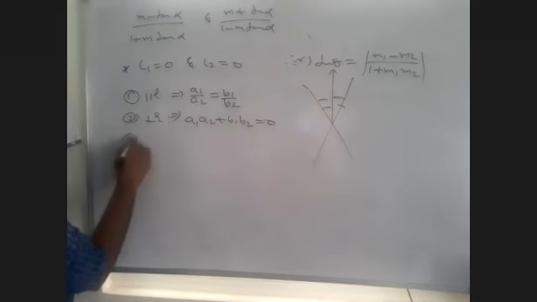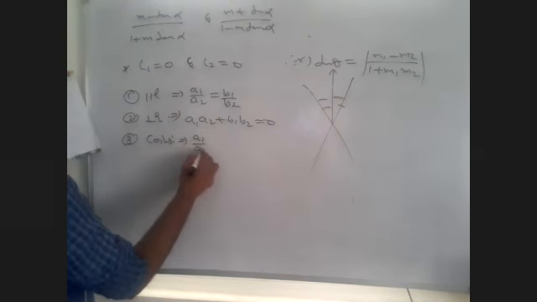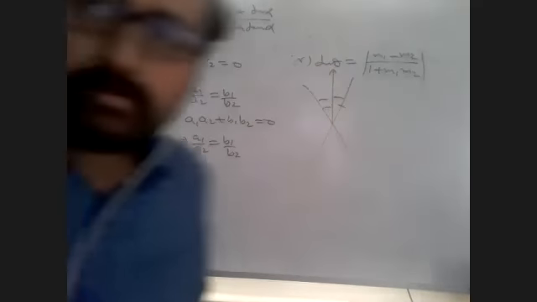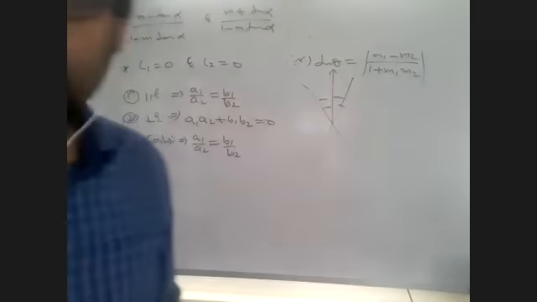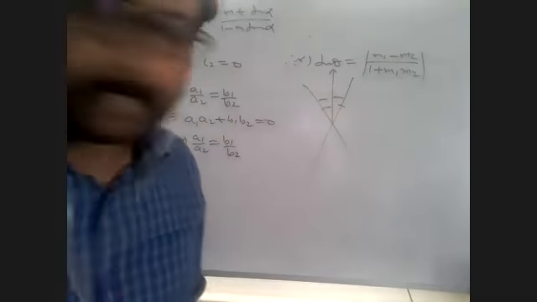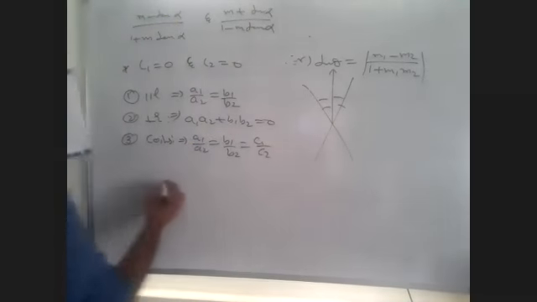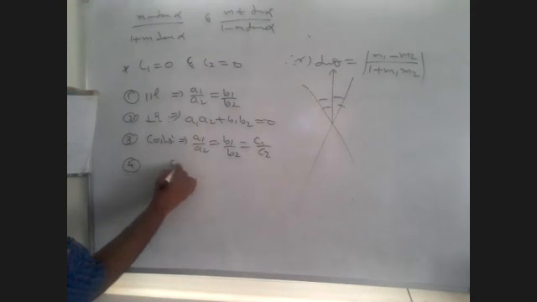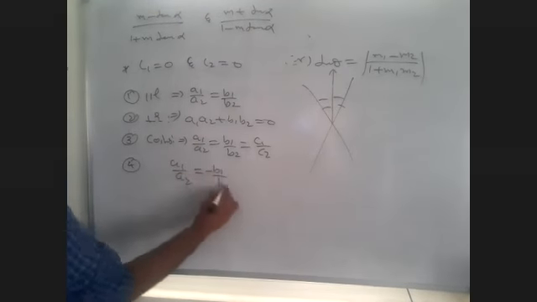If two lines coincide, then the condition is A1 by A2 equal to B1 by B2 equal to C1 by C2. And the last, if two lines are equally inclined, then A1 by A2 equal to minus B1 by B2. Okay.